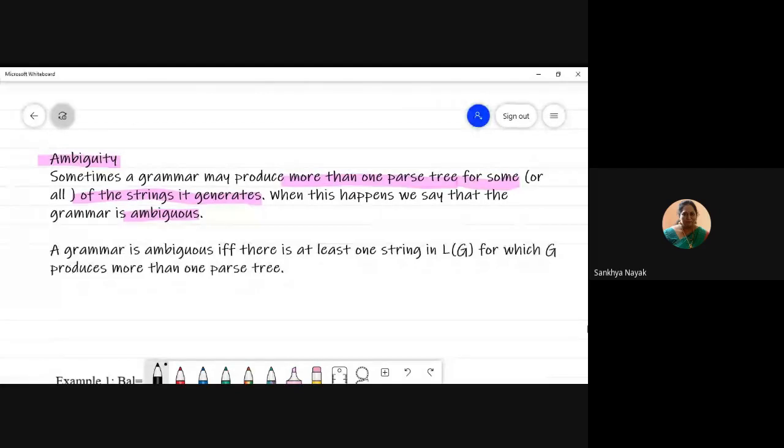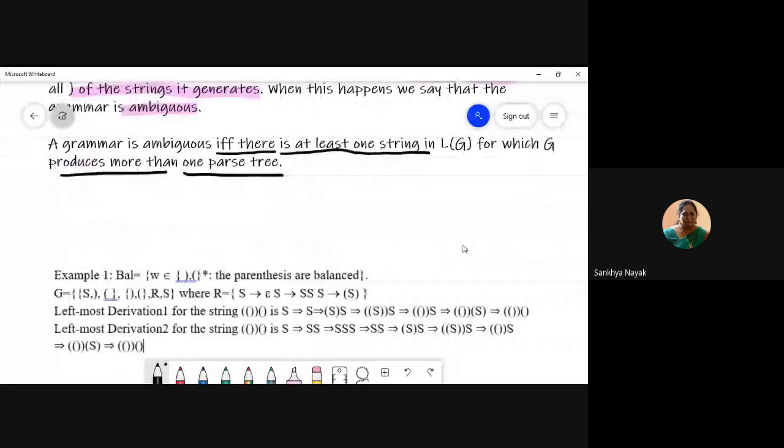For AAB, if I can write two parse trees to create that string, then we say the grammar is ambiguous. So a grammar is ambiguous if and only if there is at least one string. There could be more than one string, but there is at least one string for which the grammar produces more than one parse tree. In that case, we say the grammar is ambiguous.